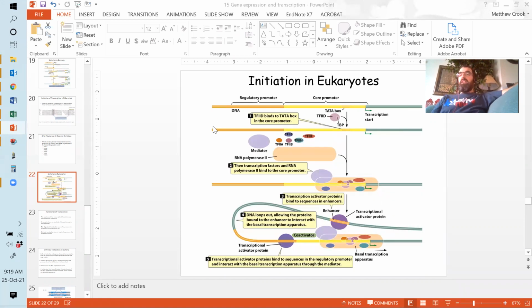And so these regulatory promoters essentially modify the rate of transcription from that promoter. And it's also undefined, because it's really hard to figure out where it stops.